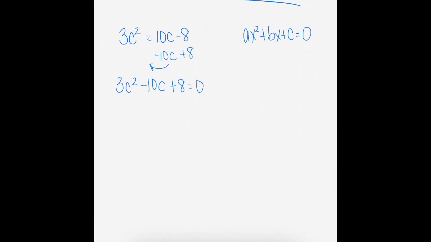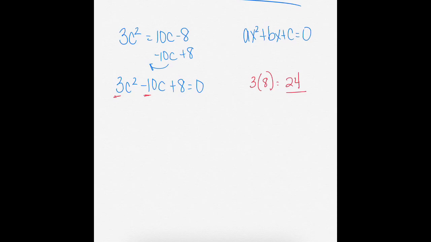Remember, when the a is not 1, this was, I want to say, 7.3 that we were doing this. We had to multiply the a, which is 3, times the c, which is 8, which will give me 24. Look for two factors of 24 that will give me the b term, which is negative 10. We need them both to be negative in order to get the negative here.